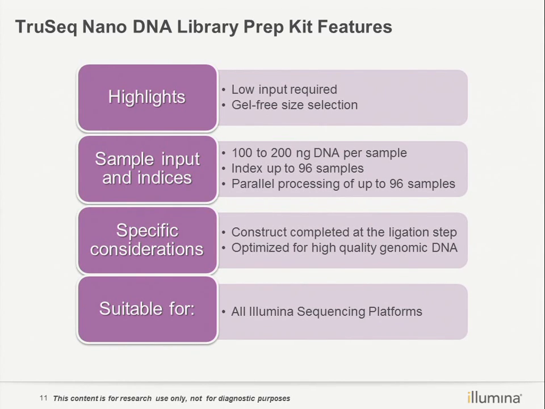And if you care very much about sequencing coverage uniformity or something like that, the TruSeq series will be your best choice. The TruSeq kits are compatible with all the Illumina sequencing platforms, from HiSeq, NextSeq, or MiSeq.